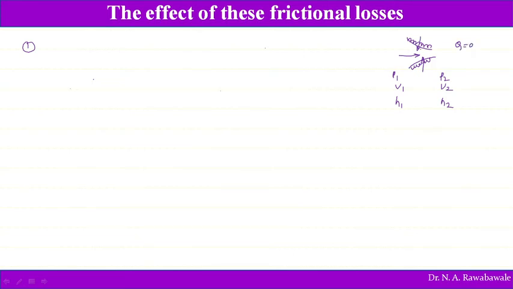But because of friction, heat is produced, and on a TS or HS diagram, we generally represent isentropic process by a vertical line. Now, because of friction, entropy is not going to remain constant. Entropy is going to increase because heat is produced. So instead of a vertical line, this expansion will follow an inclined line.